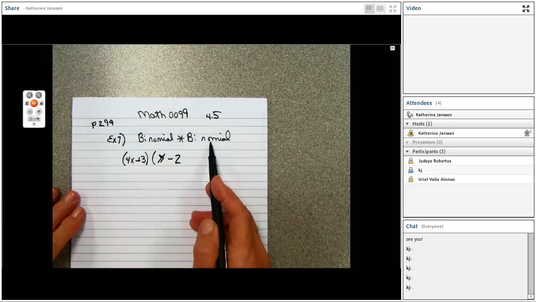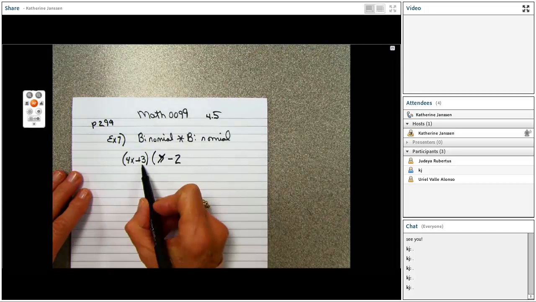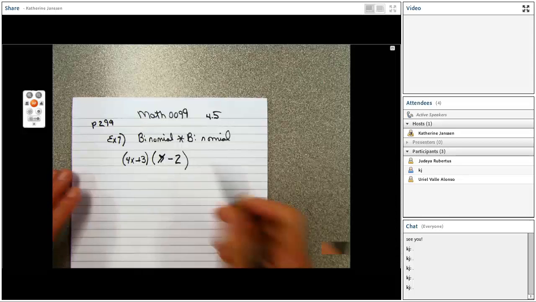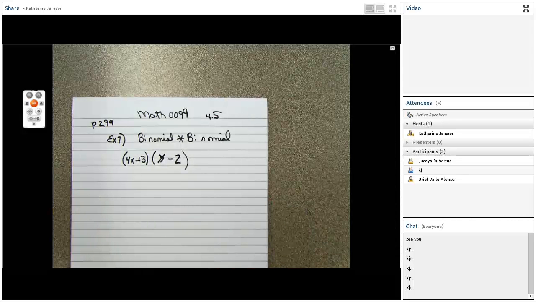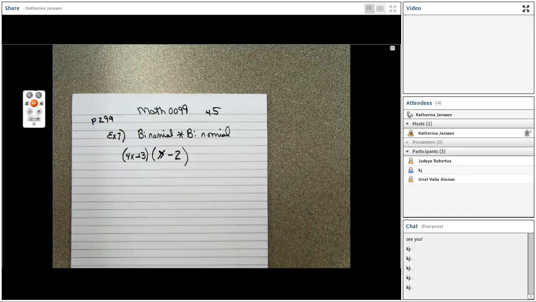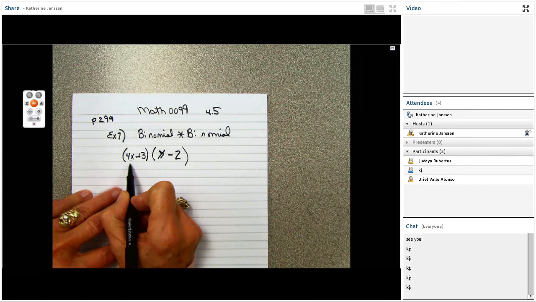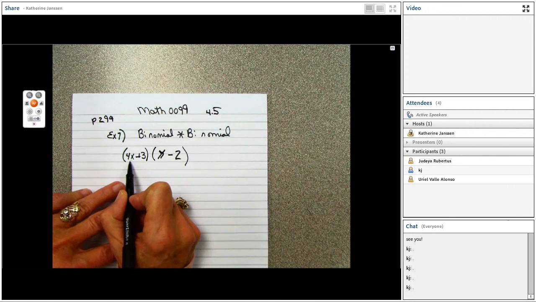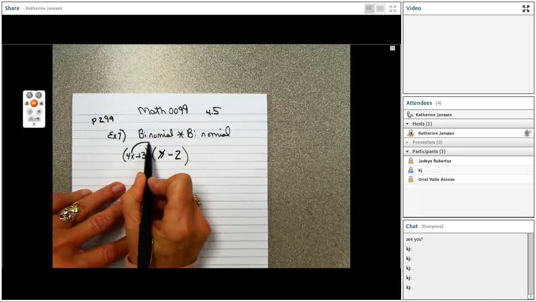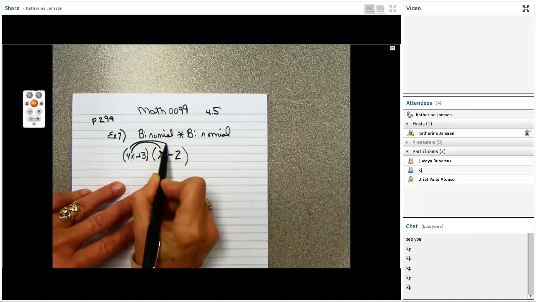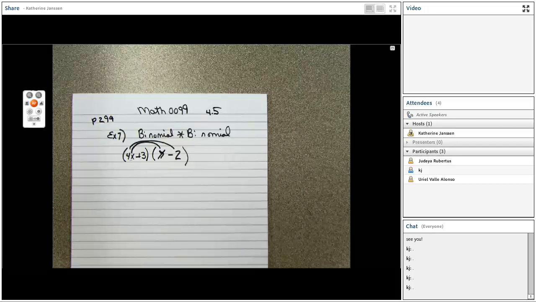So a binomial times a binomial, 4x plus 3 times x minus 2. Well, we're going to have a plan as to how to multiply. And our plan is to multiply the first binomial's term times every term in the second binomial.